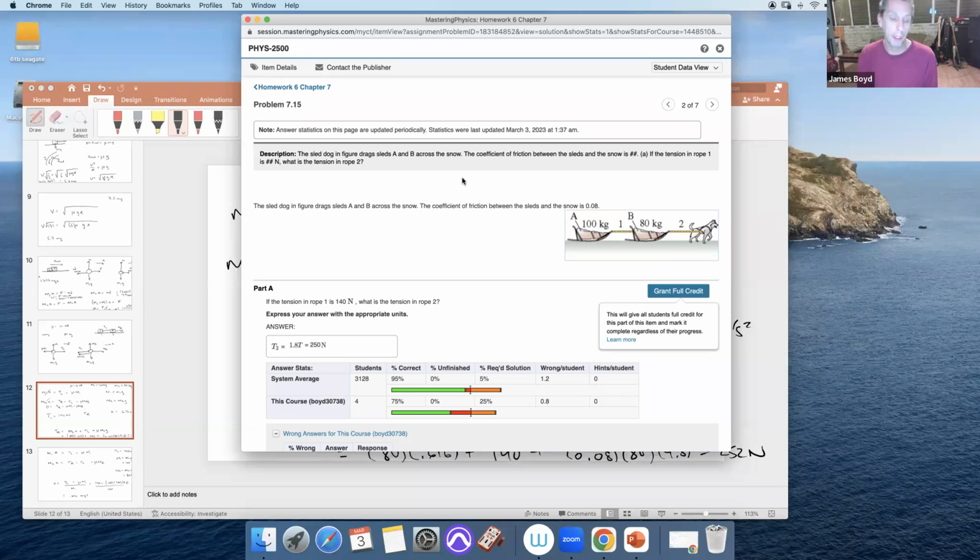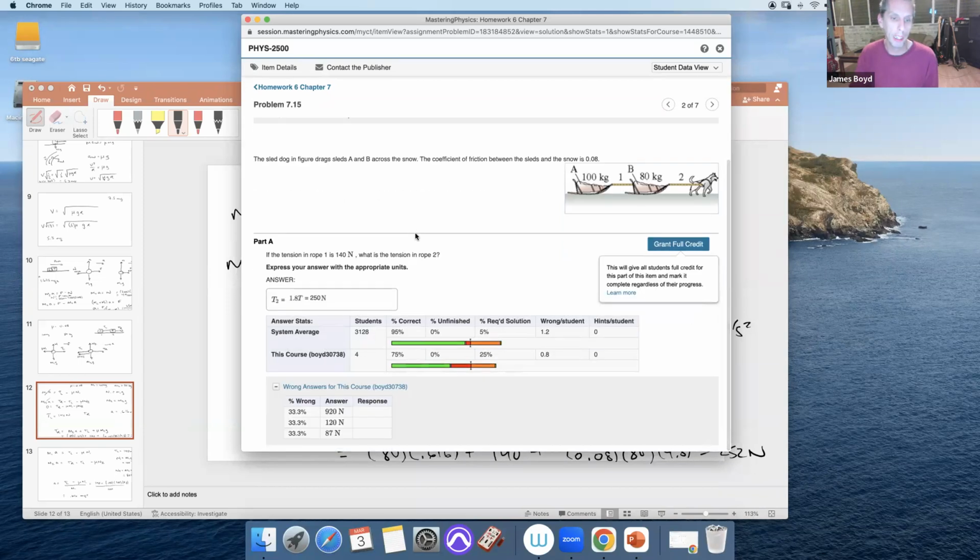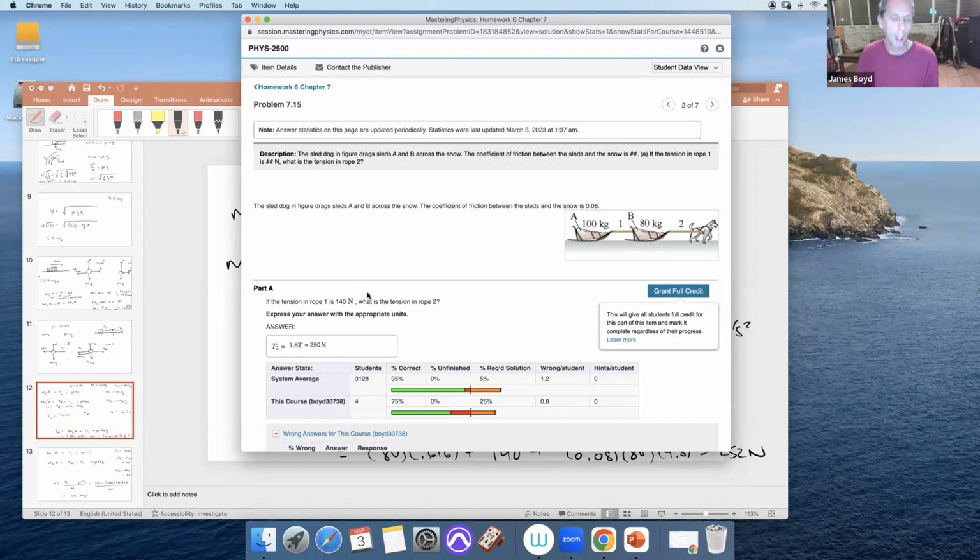I'm not sure where they got the 1.8 times T for this, but I'm sure that if you looked at it, rope 2 has to pull both masses. So it's got whatever the tension is here, plus, so 1 times that, plus an additional 0.8 times that tension.